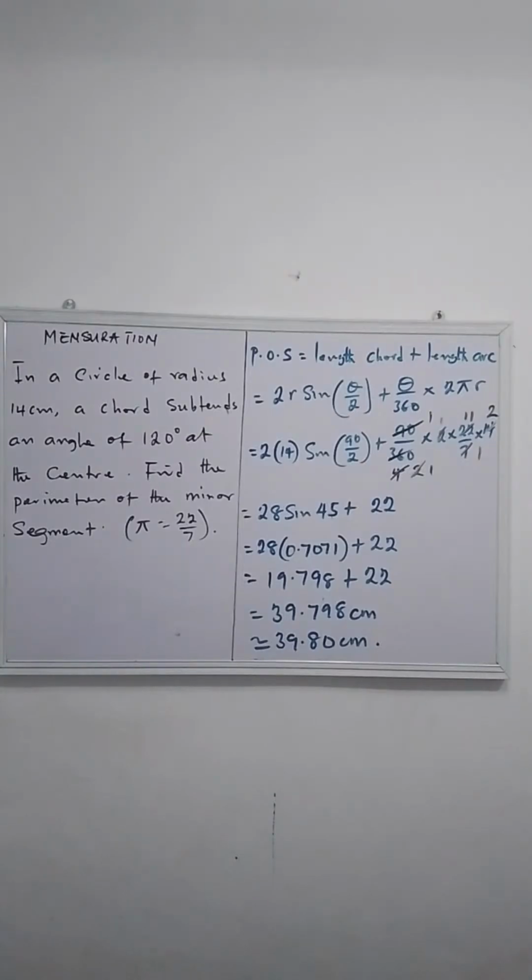The formula to use is already on the board there. You can see the formula for calculating the perimeter of a minor segment. So everybody should be able to do this now, since we already have the formula.